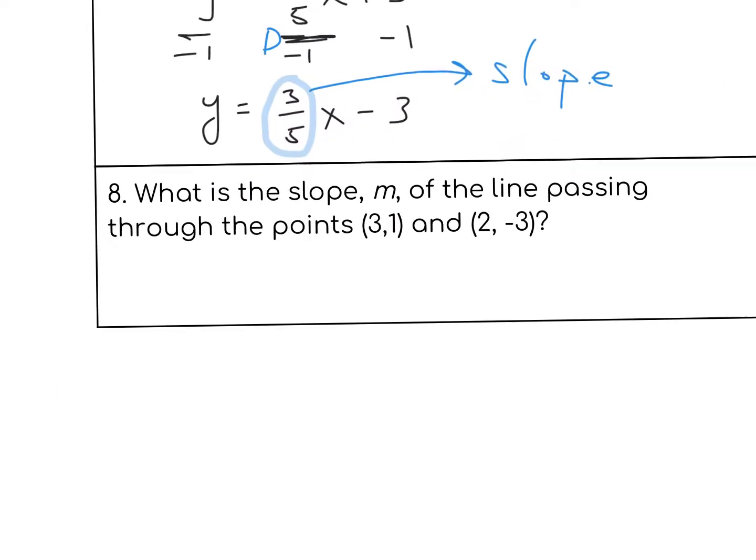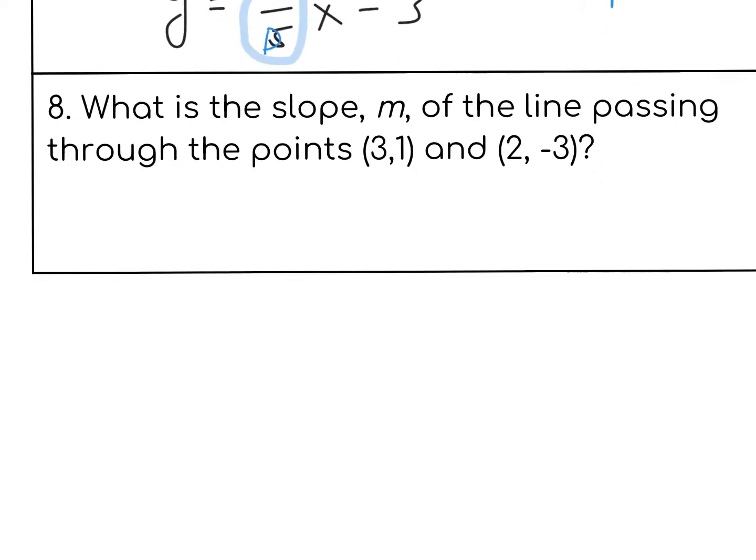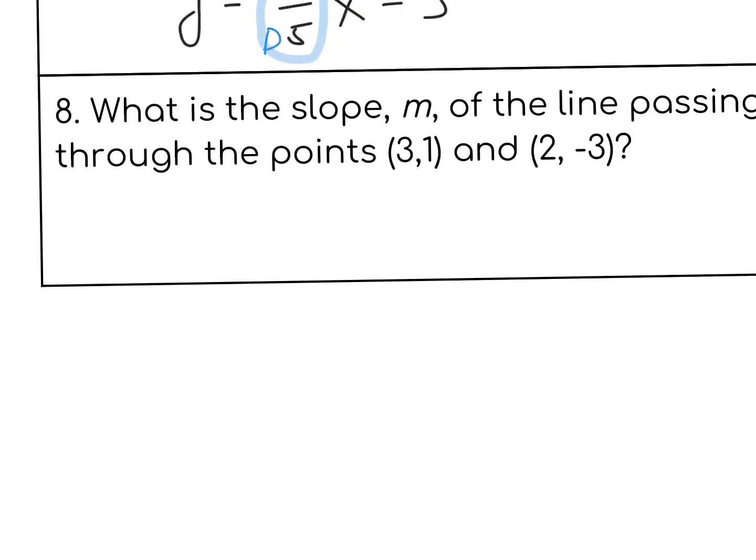Okay, number 8. What is the slope m of the line passing through the points (3, 1) and (2, 3)? So then my slope is going to be y2 minus y1 over x2 minus x1. So if I look at this, this is going to be my first point. So the first point is the x1, y1 coordinate. My second point is just the x2, y2 coordinate.